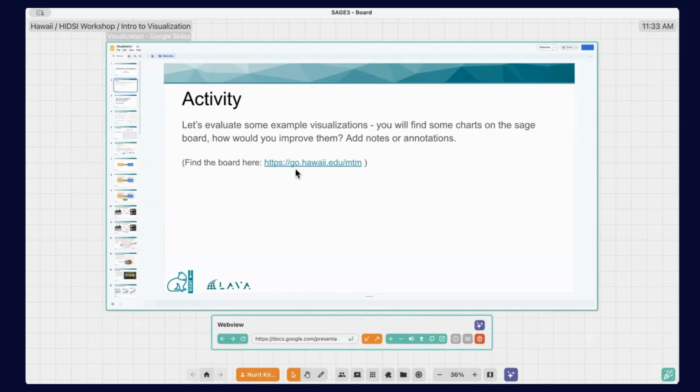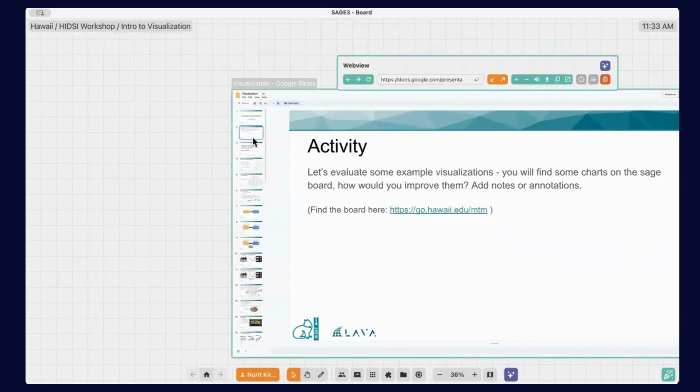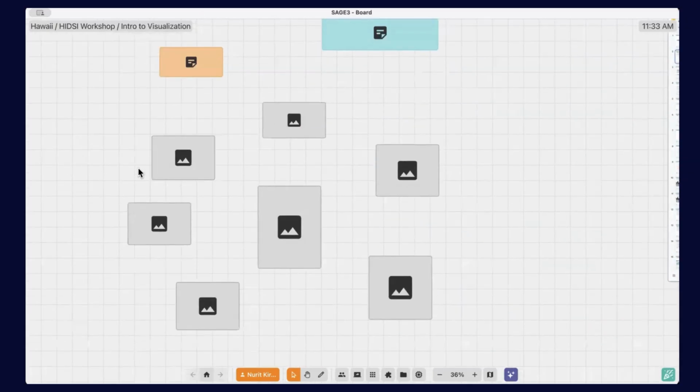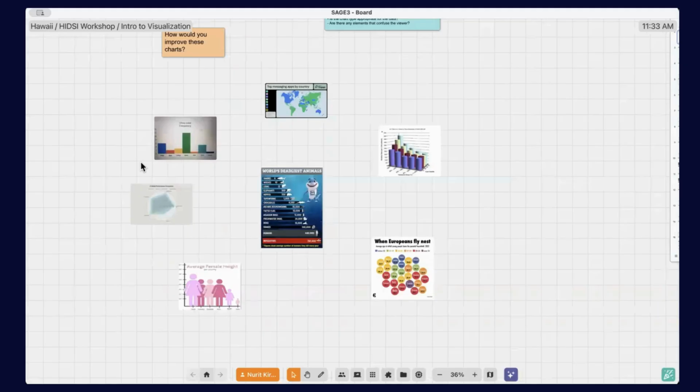Our activity is going to be, we're going to look at some charts now before we talk about visualization. And you're going to maybe add some notes or annotations about how to improve them. This is the area where we look at the slides, at the different graphs. I want you to look at each of them for a few minutes and think, are they good?